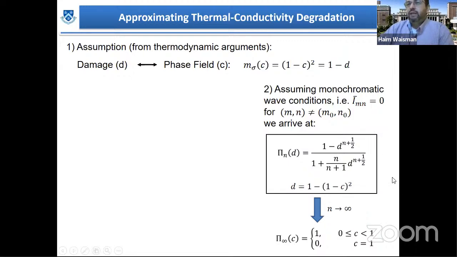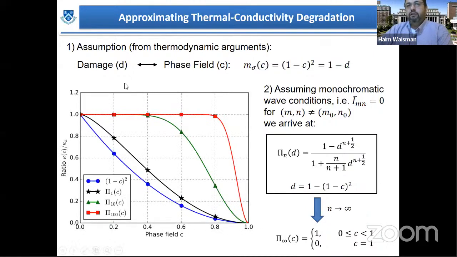This is essentially a family of degradation functions. And if we plot these degradation functions as a function of the phase field, we will see that all these functions correspond to all the curves here, right? So you take different n and you get a family of different functions.